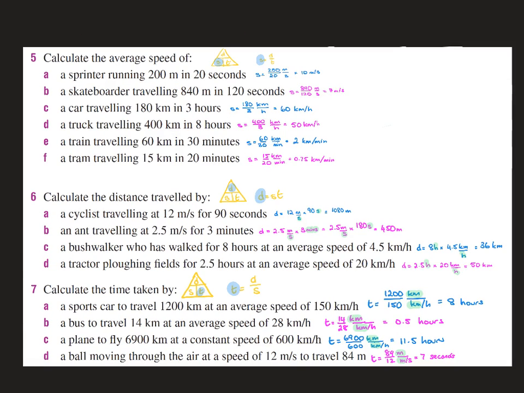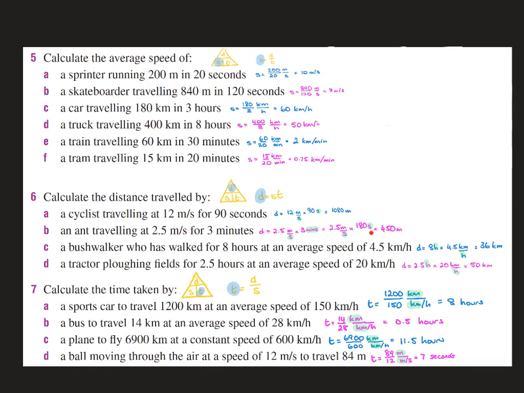Here are the answers. How did you go? You just need to make sure with your calculating your distance questions that if you've got questions like question 6, where you've got a time unit of seconds and a time unit of minutes, that you make sure, when you substitute in, you get metres per second and 3 minutes.